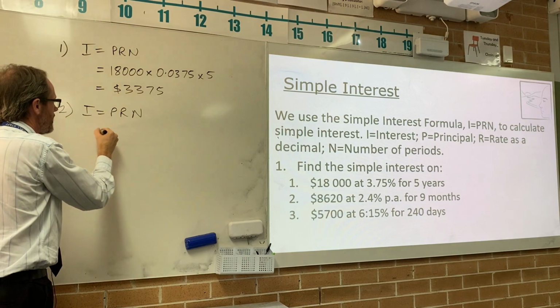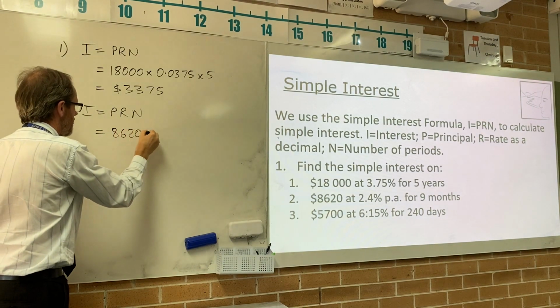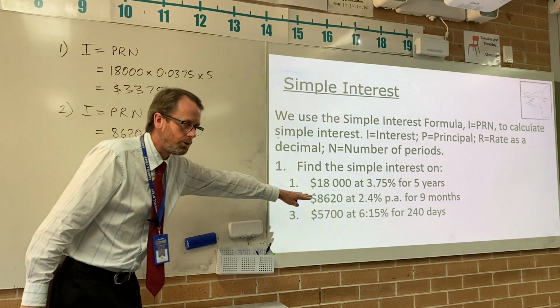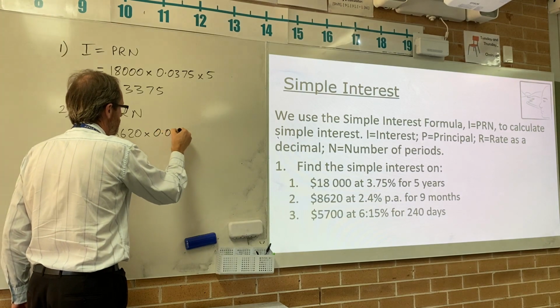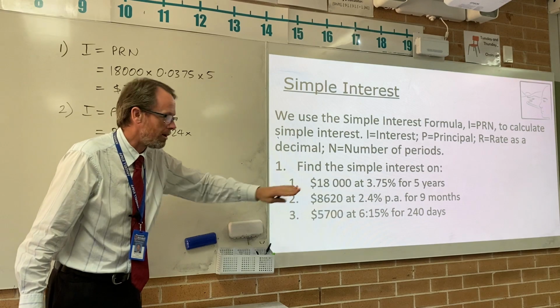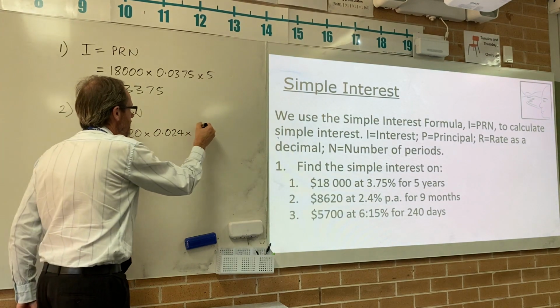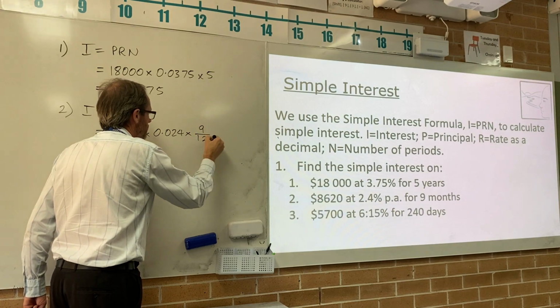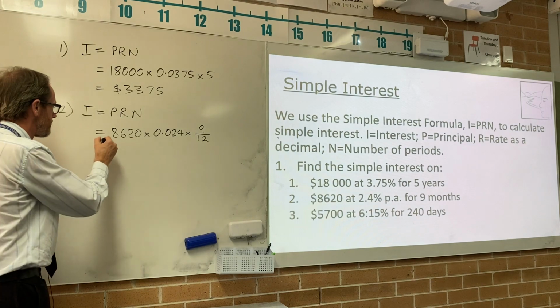We substitute the numbers, 8,620 times our rate, 2.4%, as a decimal, 0.024, times 9 months, but it's less than a year. So it's 9 out of 12 as a fraction, you can see that. Yeah, 9/12 of the year.